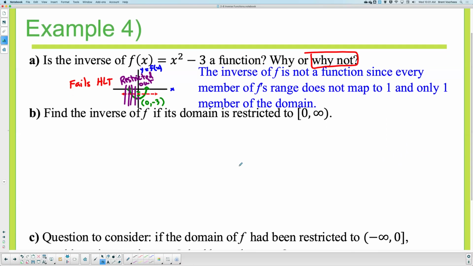Well, here's how the algebra comes in. So if f of x represents the y, what I would do to solve this is I would say x equals y squared minus 3. And from here, you just solve for your new y. So I switched x and y. And that was the first step. Switch x and y. The first step is you switch x and y.